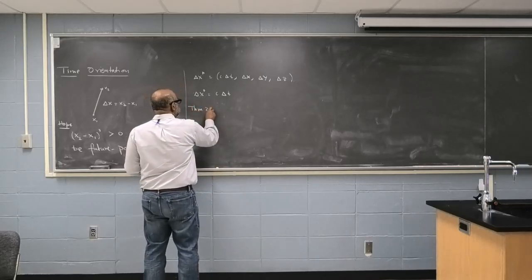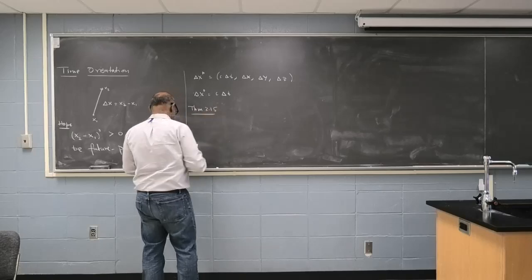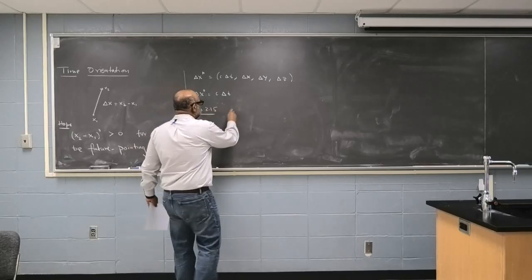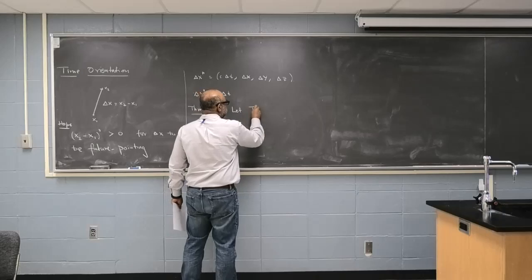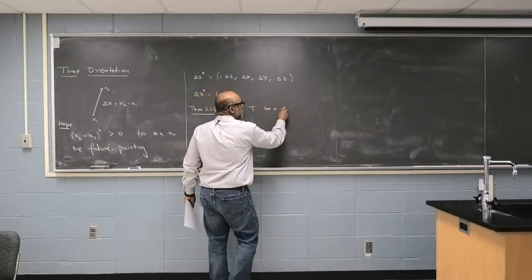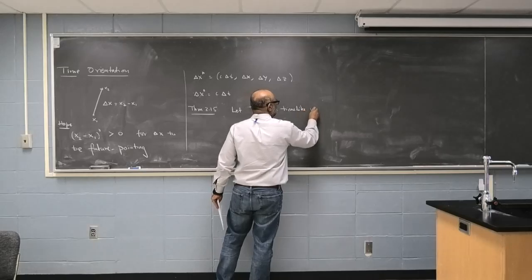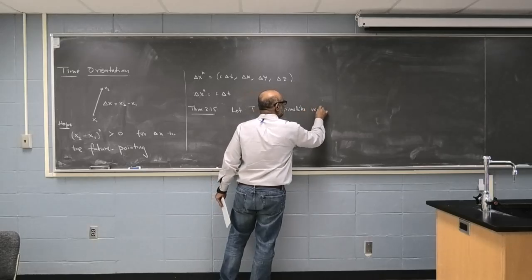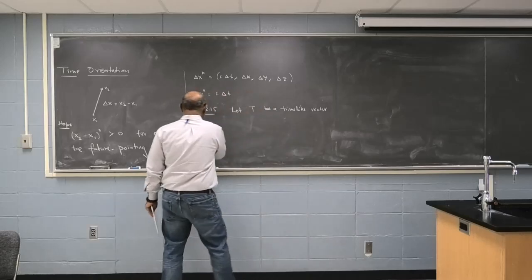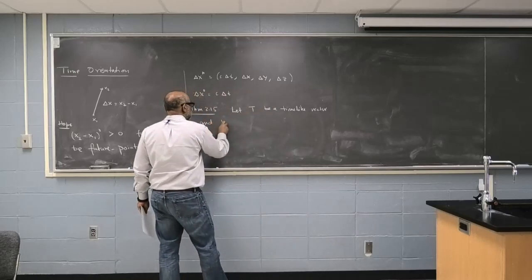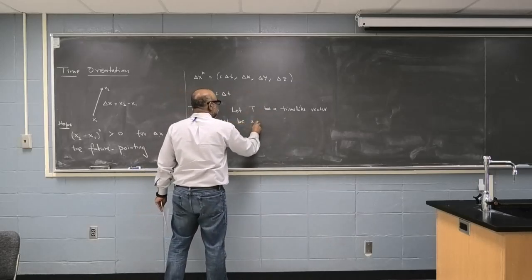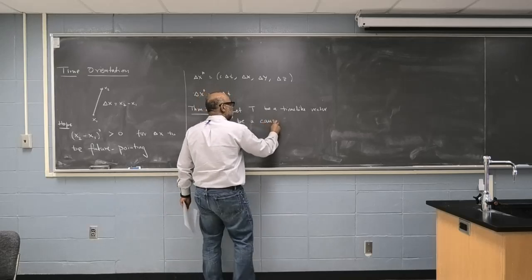So to put things in perspective, let T be a time-like vector, and W be a causal vector. What is a causal vector?